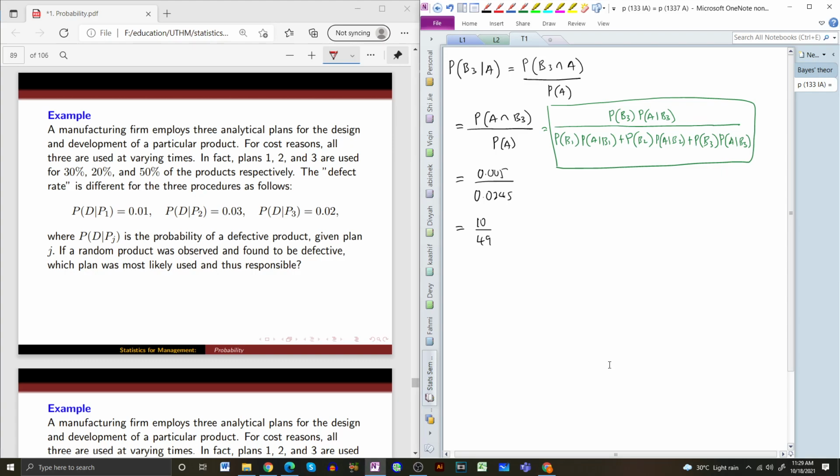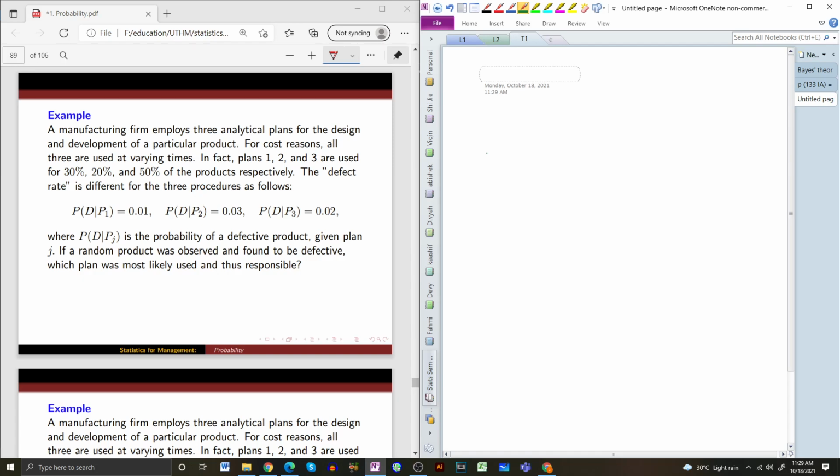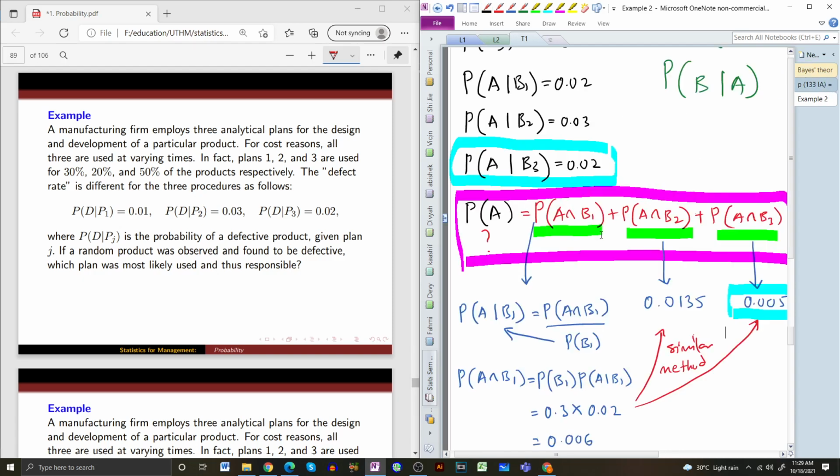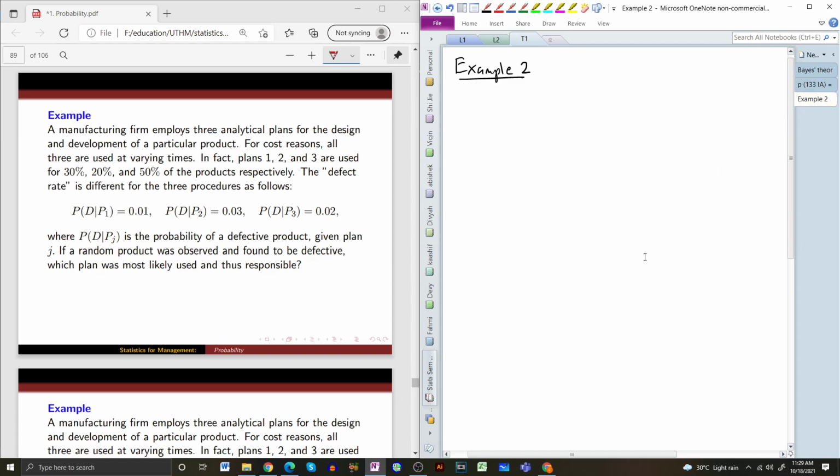Now next example. Don't worry if you cannot copy everything in the video, and I'm going to share the slide, the notes. Example 2. Read the example 2.